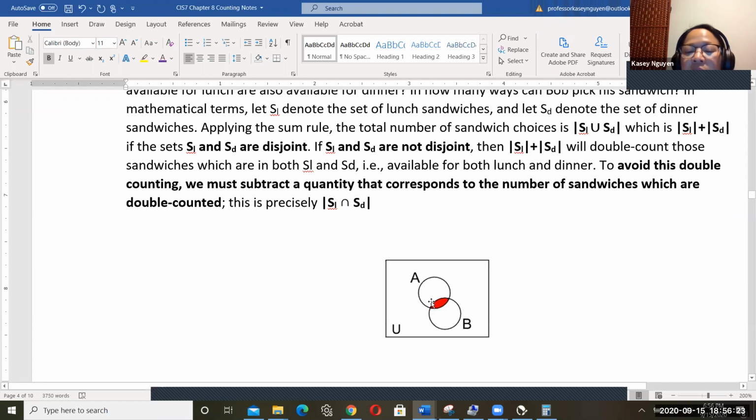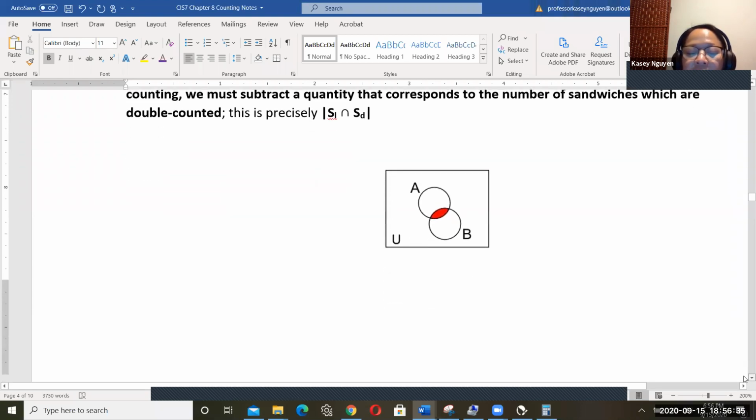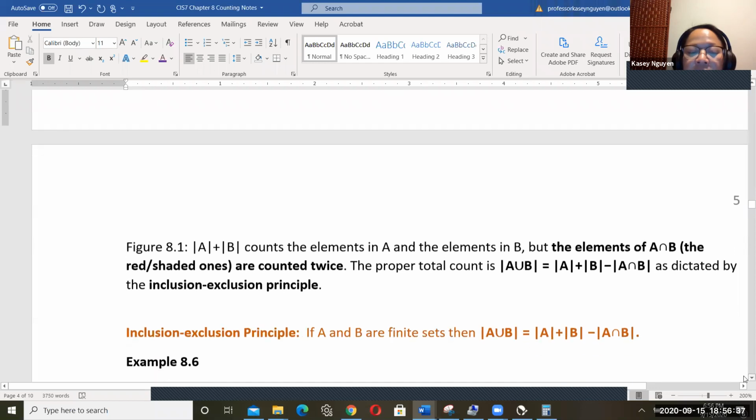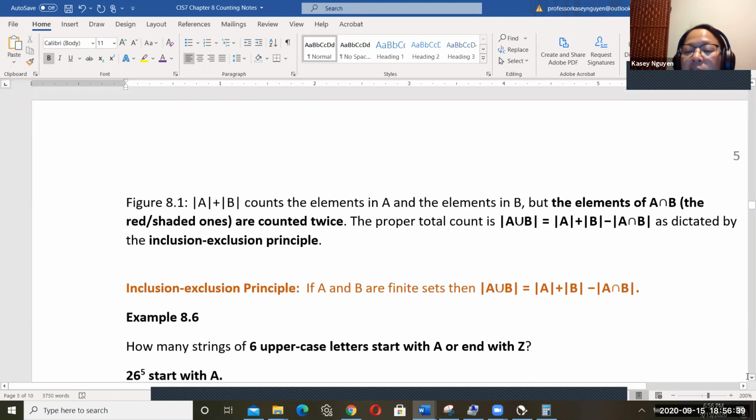So you have to take a look at how these two are combined and subtract this white area to get the red area, that small intersection. So we would apply the inclusion-exclusion principle. You would simply take A population plus B population minus the intersection of A and B.